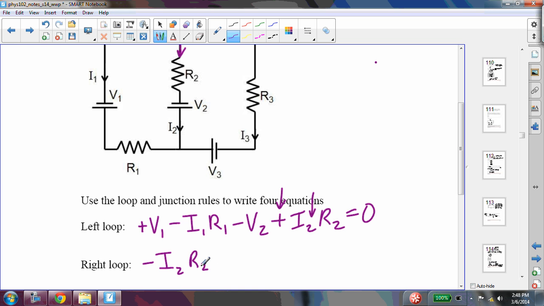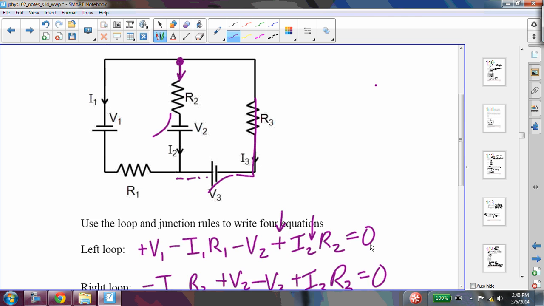Notice it's negative, and notice I have a 2 subscript because I'm in that I2 branch. I have plus V2 because I'm going like this on the battery. Now I'm going to come over here. I'm going to have a negative V3 because I'm going from high to low potential. And then I have a plus I3R3, and that's going to equal 0 because that's the last element.